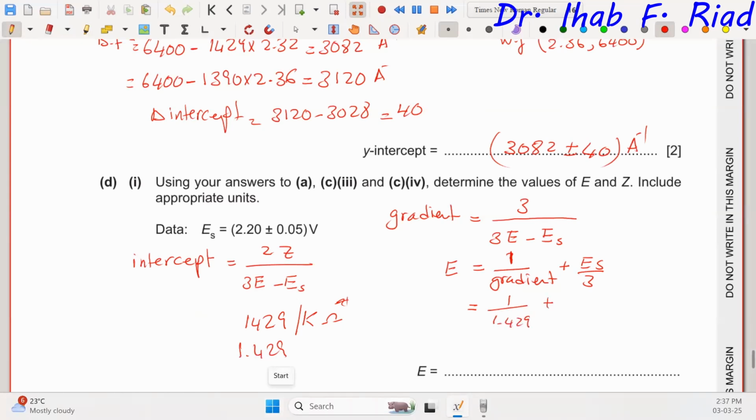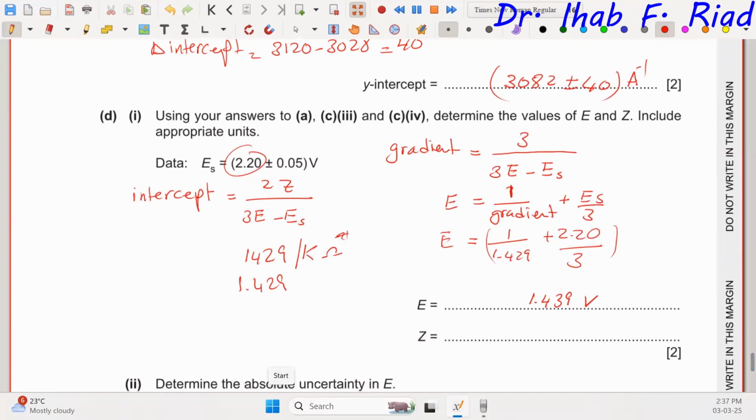1.429 plus what is ES? We have it, right? Yes. 2.20, divided by 3. And we calculate. What do we get? This value. Okay.